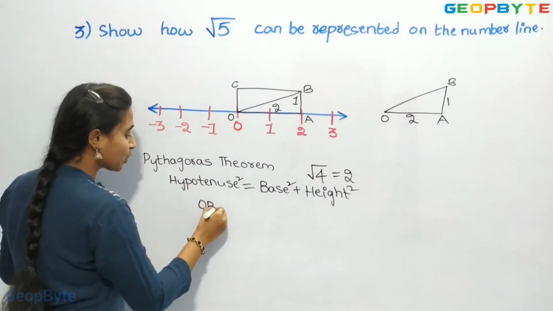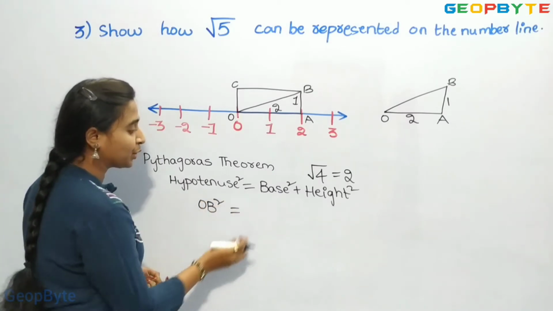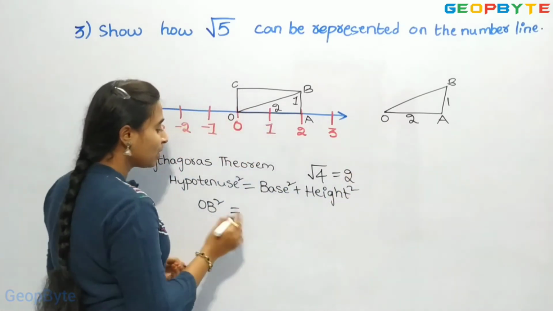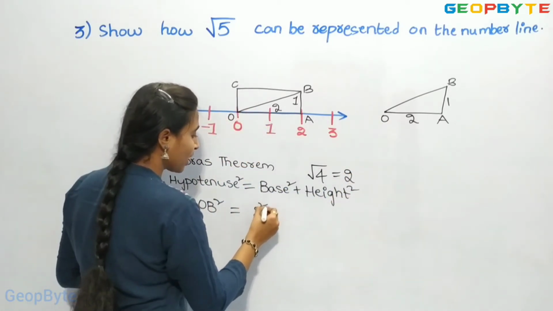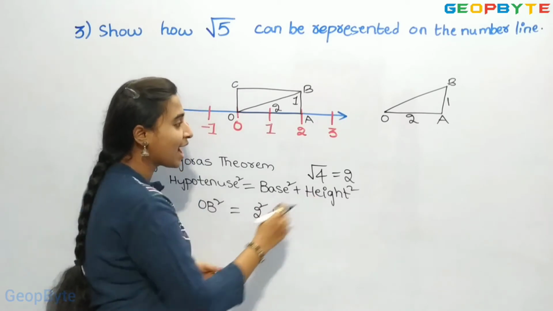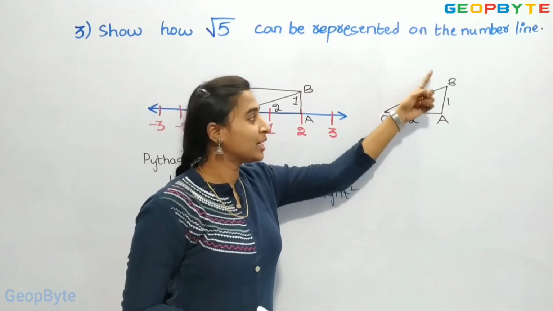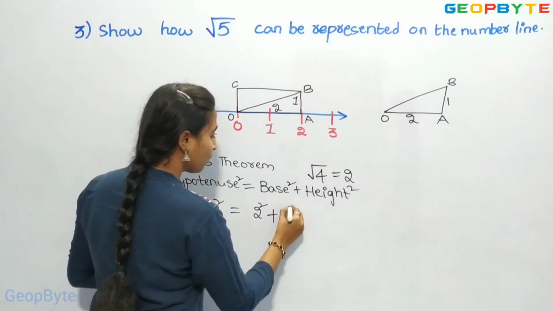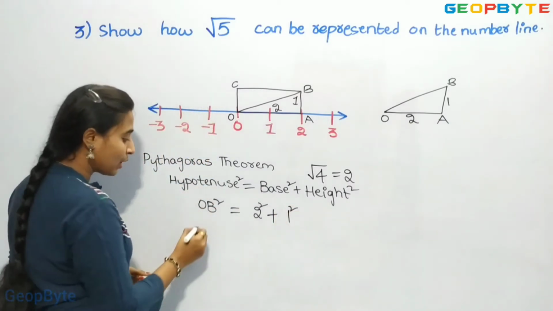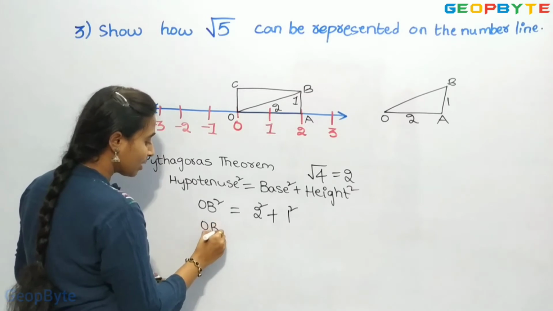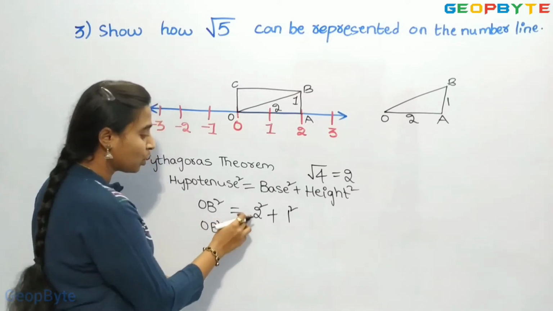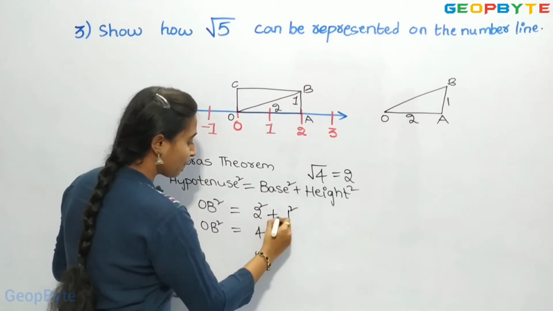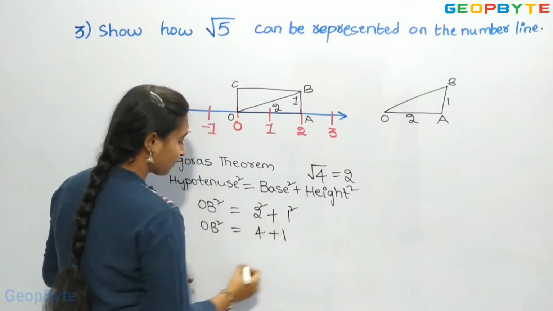So, OB square is equal to base, which is OA. So, it is 2 square plus height. Height is nothing but AB, which is 1. Let us write 1 square. Now, OB square is equal to 2 square, 2 into 2, 4 plus 1.